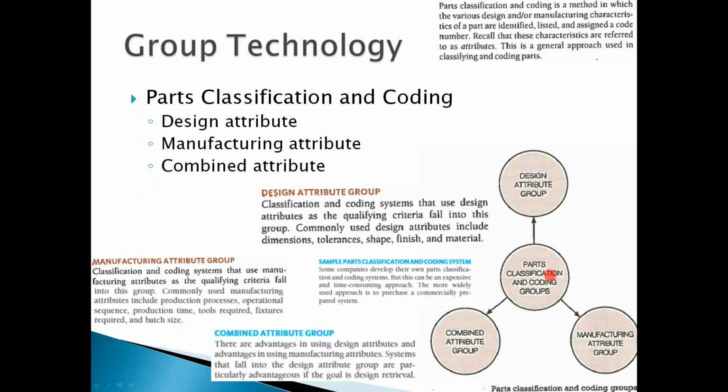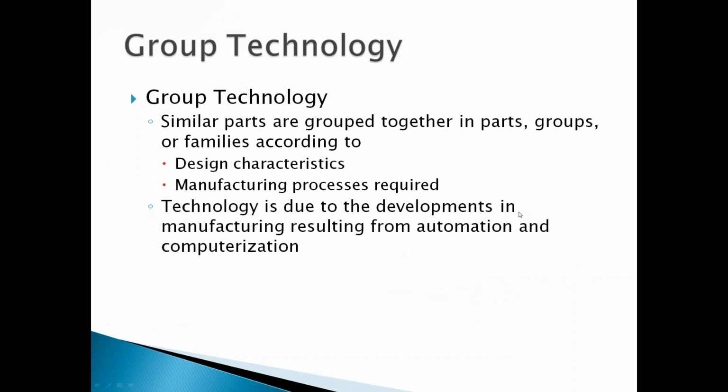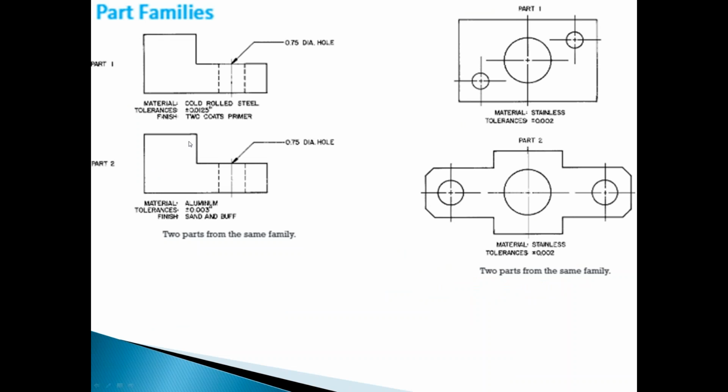Rather than preparing it yourself, you would just purchase a commercially prepared system. So part classification and coding is basically how we're going to group certain products together based on their shape, their finish, the material, and so on and so forth.